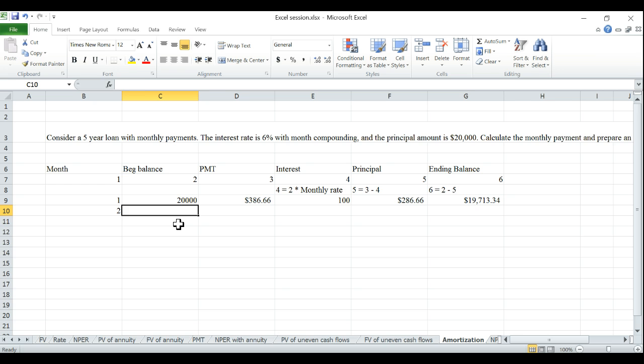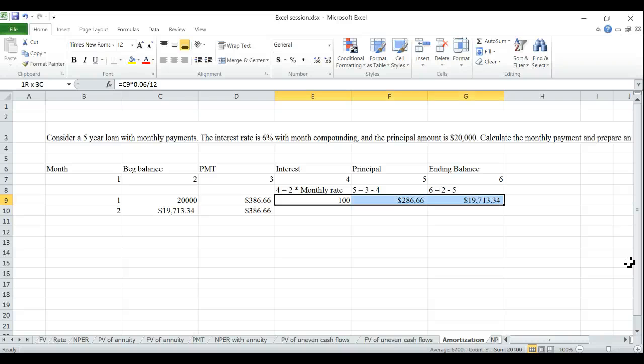All you have to do is set up the second month, and then we can just drag it to the rest of the periods. So for the second month, my beginning balance is the same as the previous month's ending balance. My payment is always going to be whatever the payment in the previous month was, because we are talking about the same installment every time.